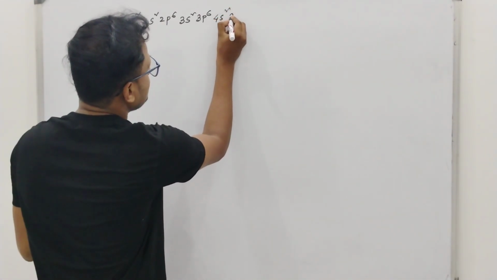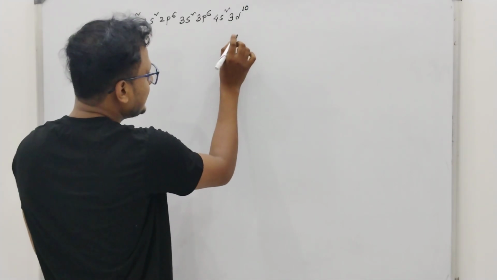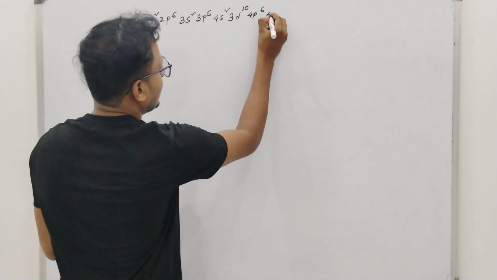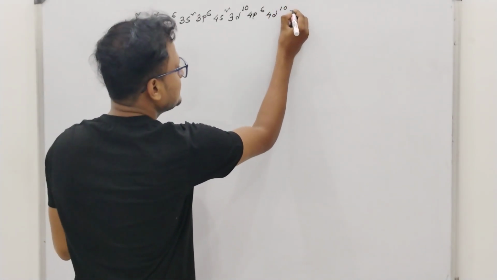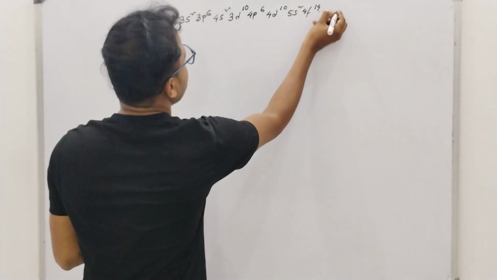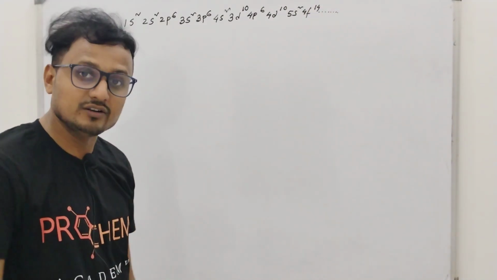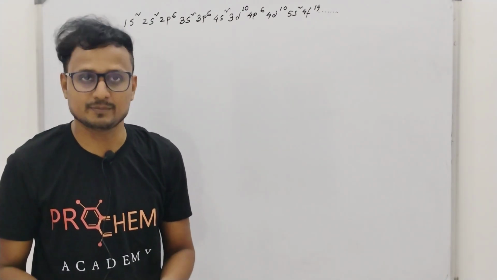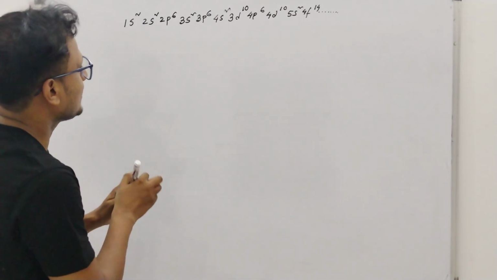So it will be 3d10, then you can go with 4p6 and 4d10, again 5s2, then 4f14, like this. This will be enough till 30, as I have already told you that we are going to discuss the first 30 elements of the periodic table. Okay, so let us start.